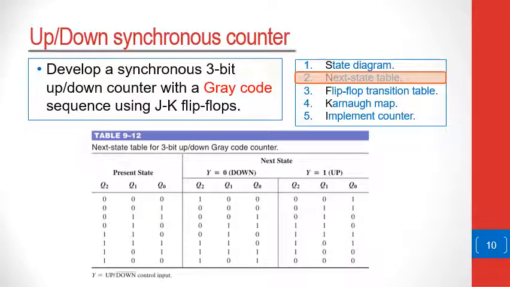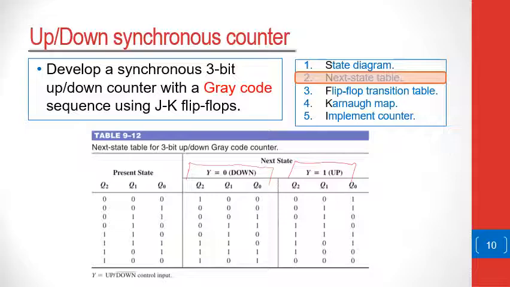After drawing the state diagram, the next step is to establish the next state table. And the way the next state table is done in this instance is that we separate the next state into 2 different next states, for when it's counting downwards and for when it's counting upwards.